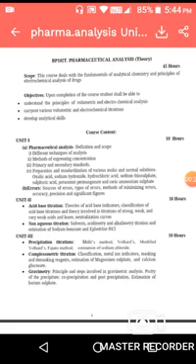In pharmaceutical analysis we are going to study its definition and scope, different techniques of analysis, different methods of expressing concentration, primary and secondary standards, and preparation and standardization of various solutions. In the second part, that is errors, we are going to study sources of error, types of error, methods of minimizing it, and accuracy and precision. Okay, so let's start with pharmaceutical analysis.